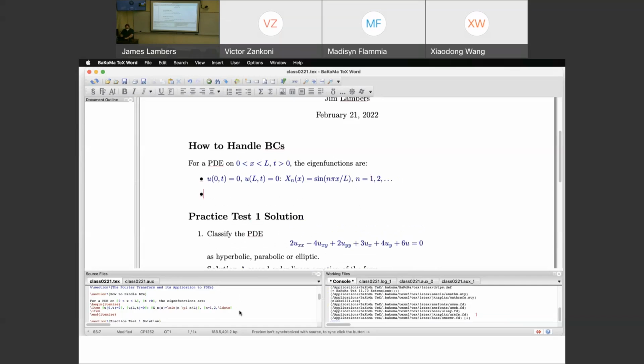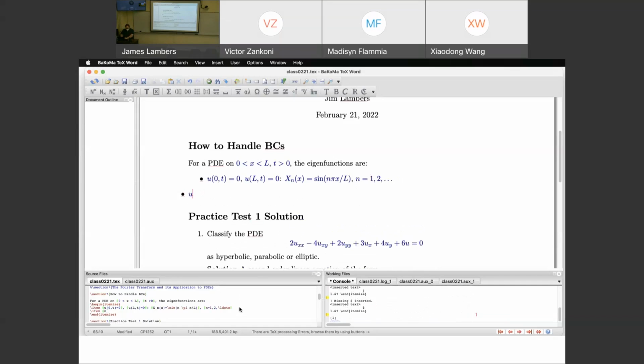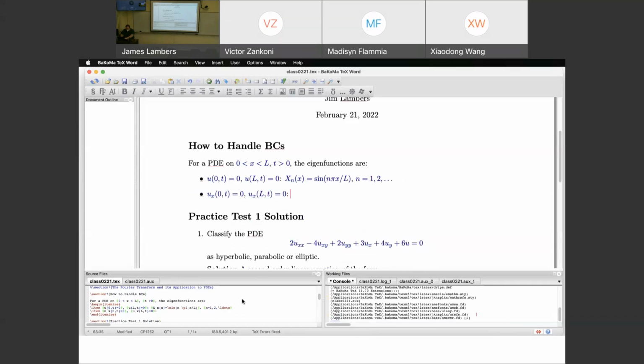Next, what if it's Neumann, or type 3, boundary conditions? So u_x is 0 at both endpoints. Well, what should it be by contrast with the previous case?